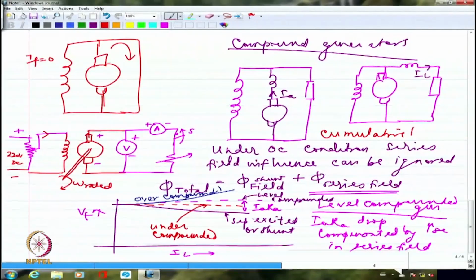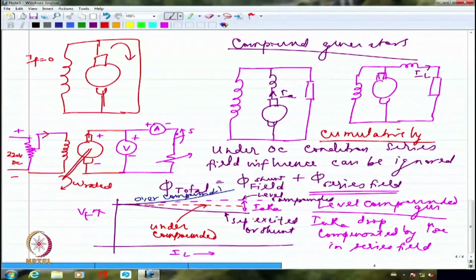A cumulatively compounded generator refers to where the series field and the shunt field aid each other. If both of them aid each other, I call that cumulatively compounded. Under cumulatively compounded, I have three configurations: the first is level or flat, the second is under compounding, the third is over compounding.